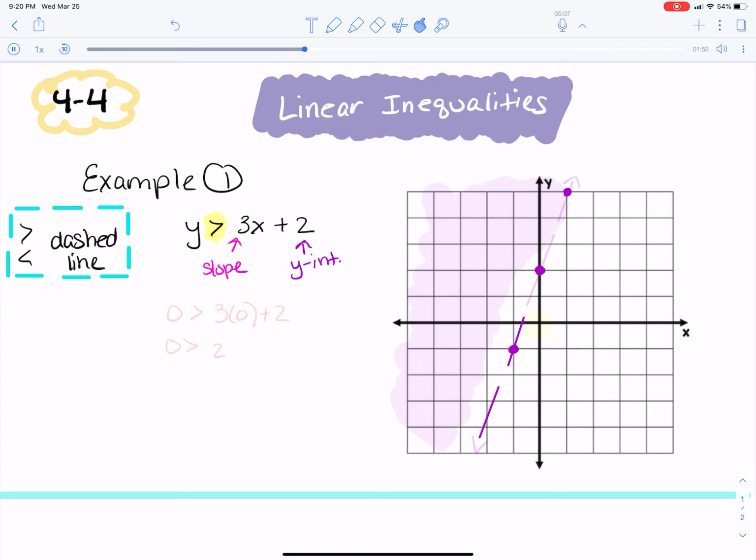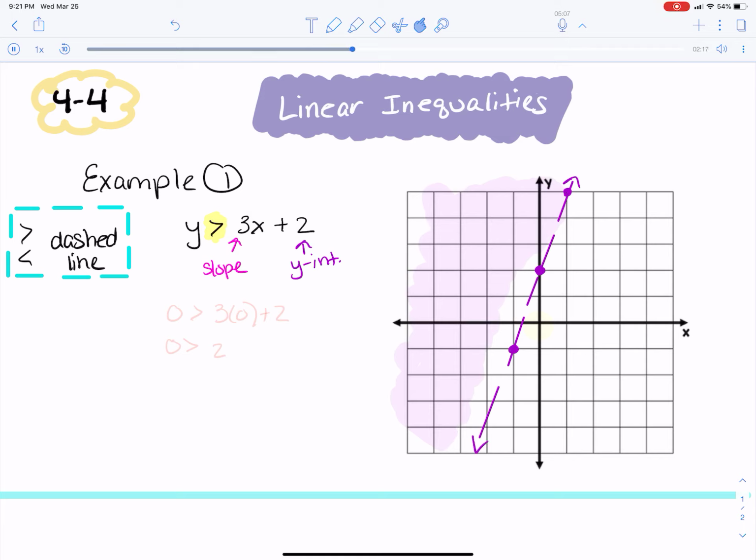So if I'm going to draw my line, it's not going to be a solid line. I'm going to draw a dashed line between these points. Okay. I'm just going to add my arrows on the bottom.